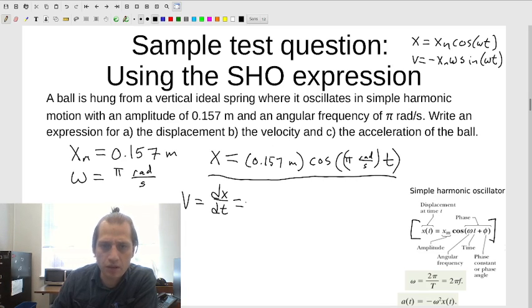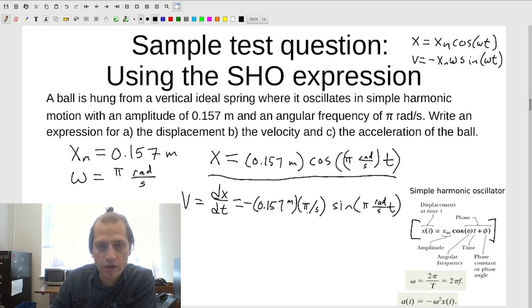So this would be minus 0.157 meters, and then it would be pi per second times sine pi t. Okay, so this amplitude gives us something in meters per second, 0.157 times 3.14. That's the amplitude of the velocity.